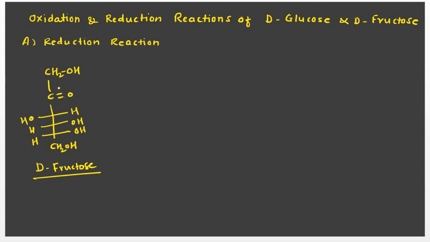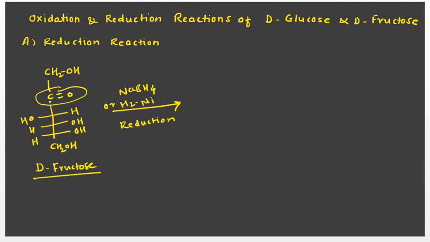Now you will find that there is a free carbonyl group in D-fructose. So when we reduce D-fructose using NaBH4 or H2 on the surface of nickel, we can carry out a reduction.